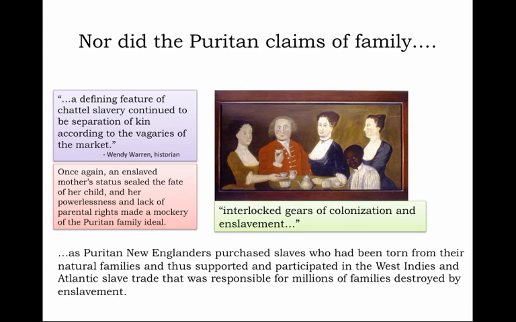In another way, however, the Puritans felt they were being entirely consistent because, according to their own racial and theological reasoning, enslaved people could not fully partake of the covenant of marriage as free moral agents who covenant with one another. They couldn't do that because they were somebody's property.